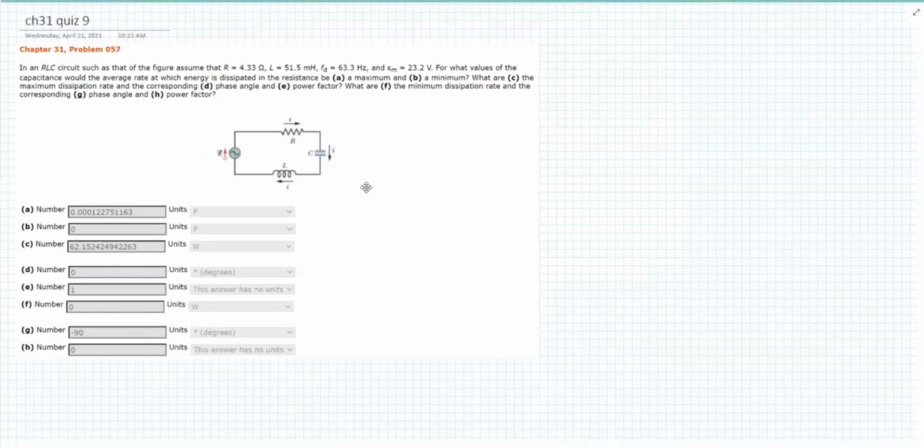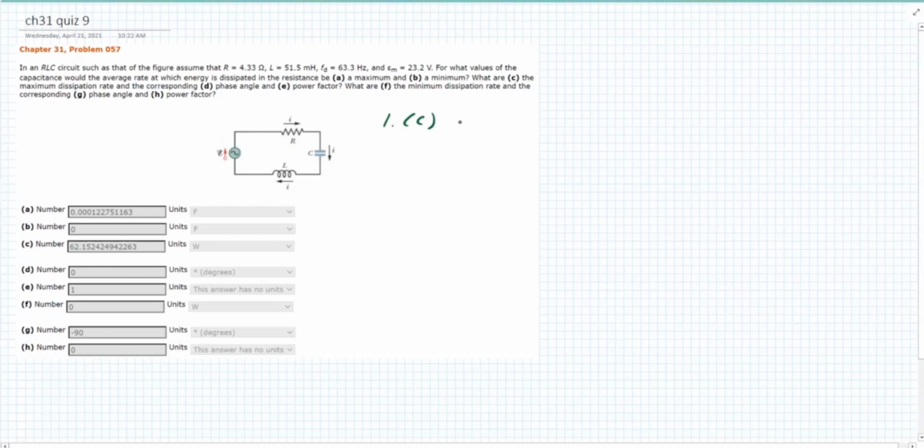What is the maximum dissipation rate? Part C says, well, now that you know what you need to do for the capacitor to get the maximum amount of energy dissipated by the resistance, we're going to actually find out what that maximum rate is.